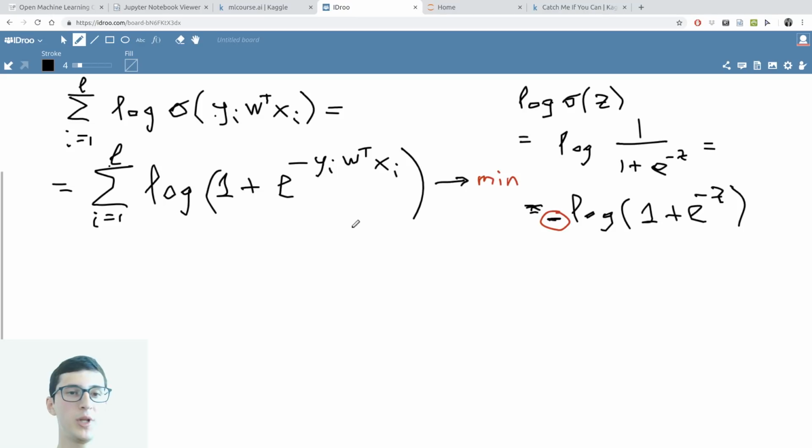Okay, at this point we need some techniques for minimization. So we'll cover gradient descent in 2 weeks, speaking about regression task. So for now, let's think that we just have some optimization procedure, and that's how we get to these weights W. So we started from the MLE principle, maximum likelihood estimation, and from here we got to this optimization task.